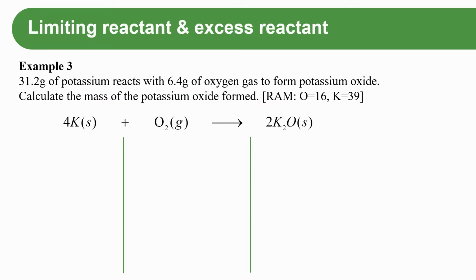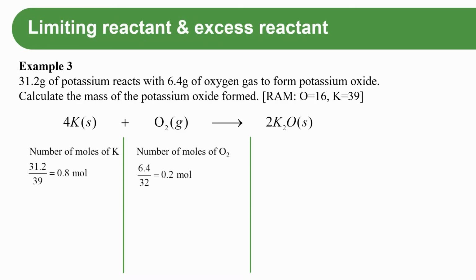So let's look at this example. Potassium reacts with oxygen to form potassium oxide. We want to find the mass of potassium oxide. So very quickly, we find the mole of each of these reactants.